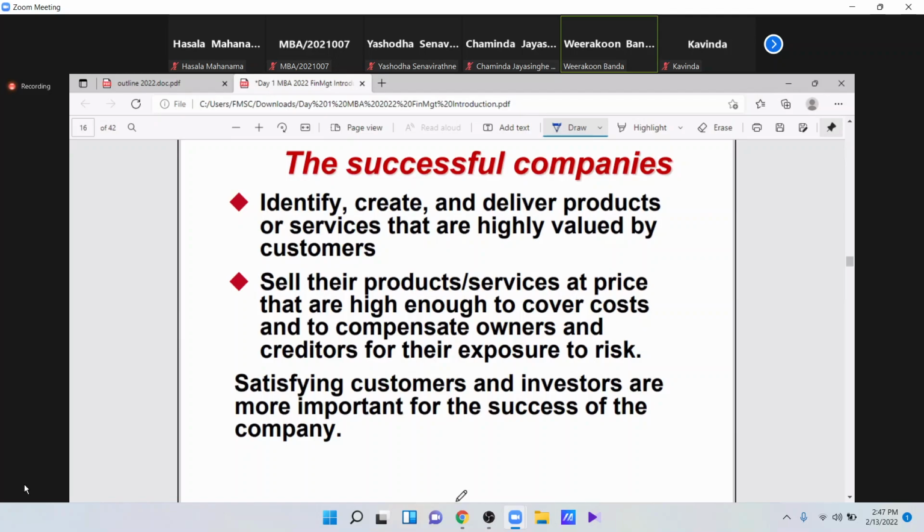If they cover that well enough, then we consider that particular company as a successful company.